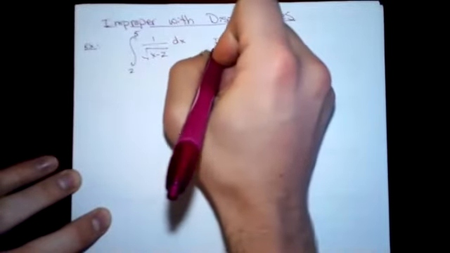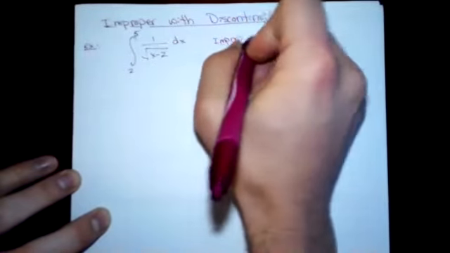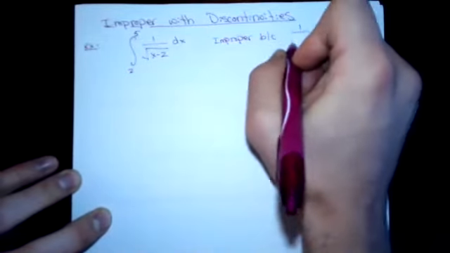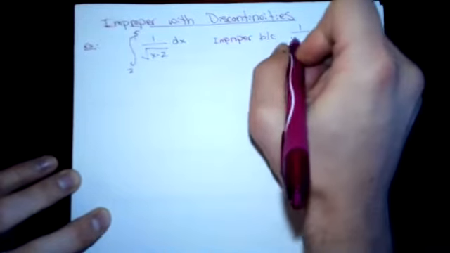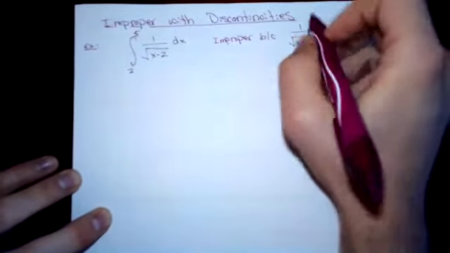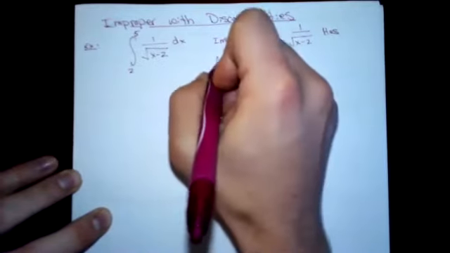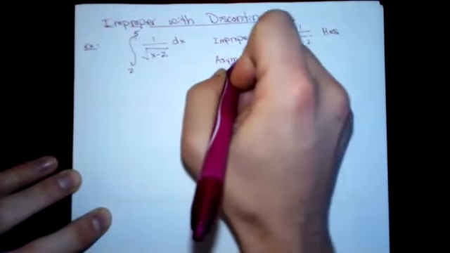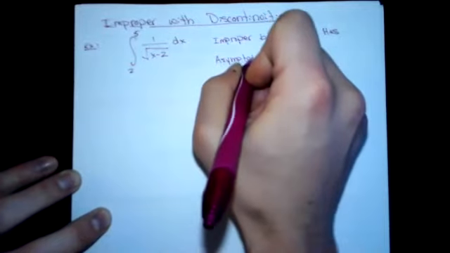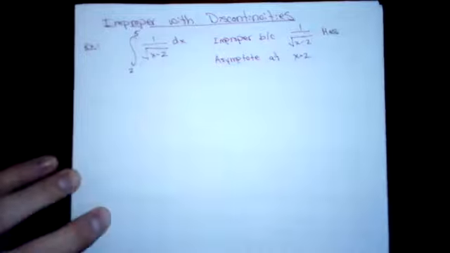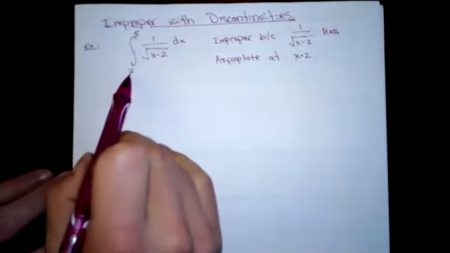You have to just recognize that it's improper because the function has an asymptote at x equals 2. And we want to integrate up to 2.